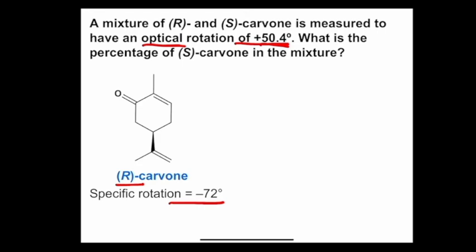Now what we have to do is work out the percentage or ratio. If we know the compound is only made up of carvone, it has to be some ratio of the two. One of them is pushing one way, one is pushing back. Just from this number, which is the majority, R or S?